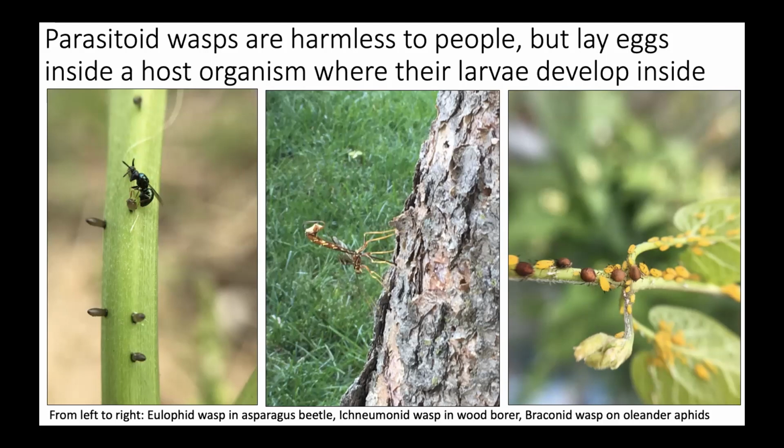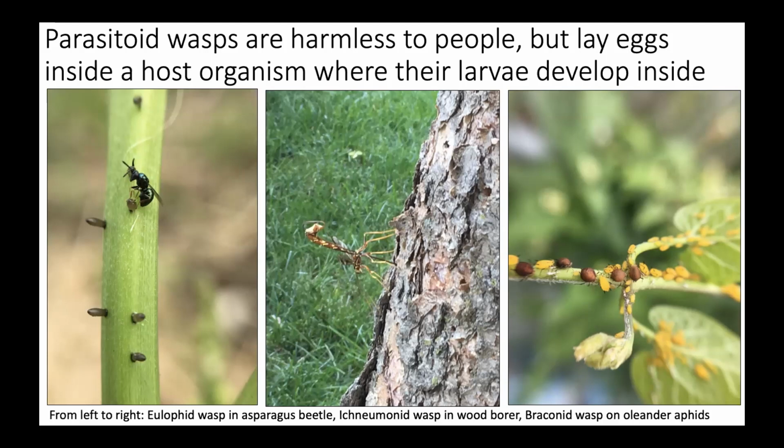So this is a little wasp that is laying an egg. I actually caught this happening on asparagus beetle eggs. So, if you think about these problems that we're having, there is a predator really out there for many of these. This is a giant ichneumonid wasp.